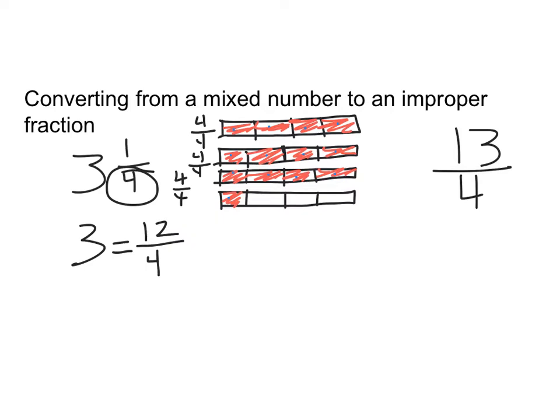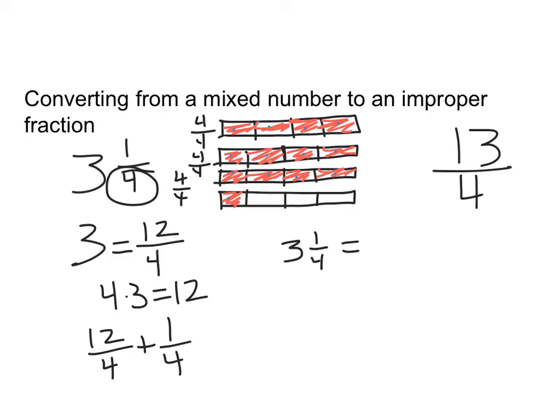So 3 is equivalent to 12 fourths because 4 times 3 equals 12. And then I have an extra 1/4. So my 3 1/4 becomes 12 fourths plus 1/4.